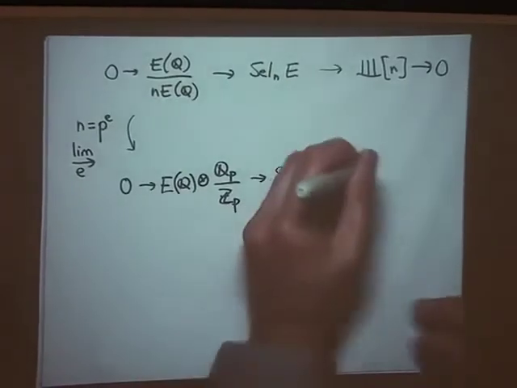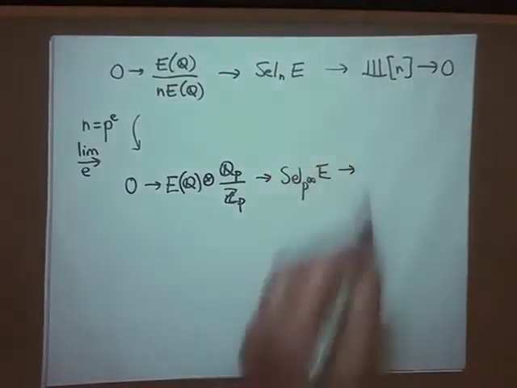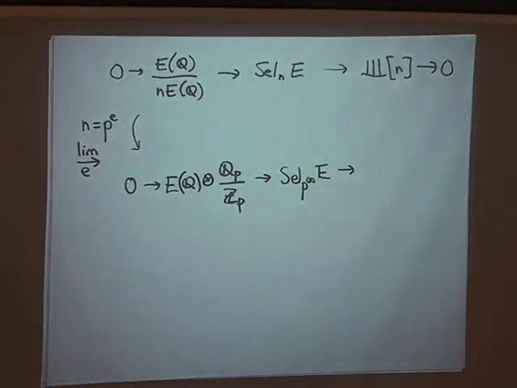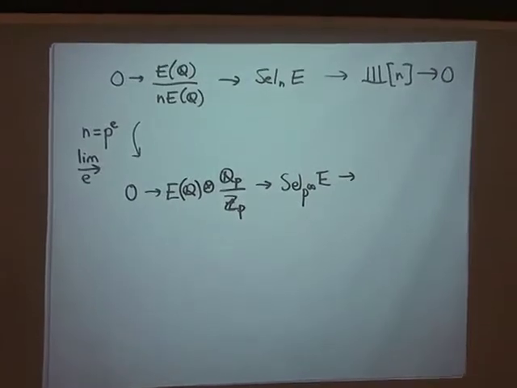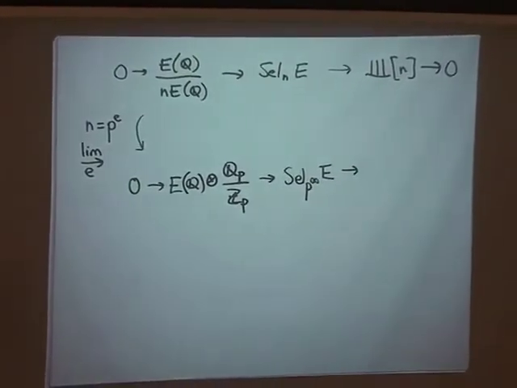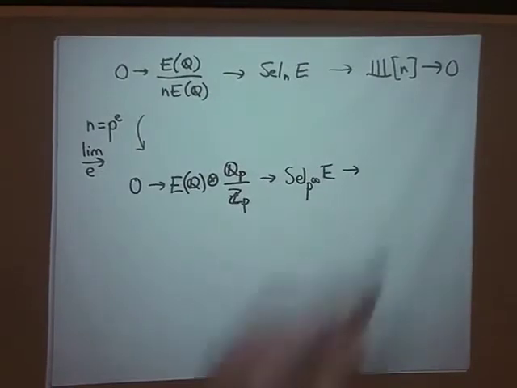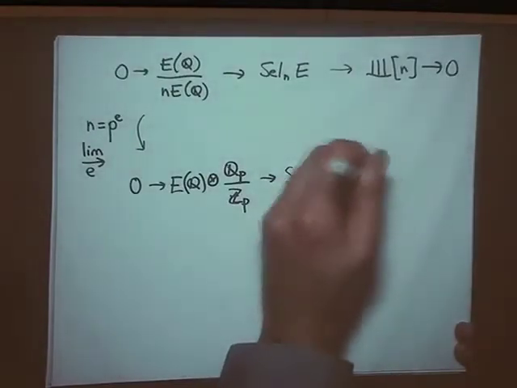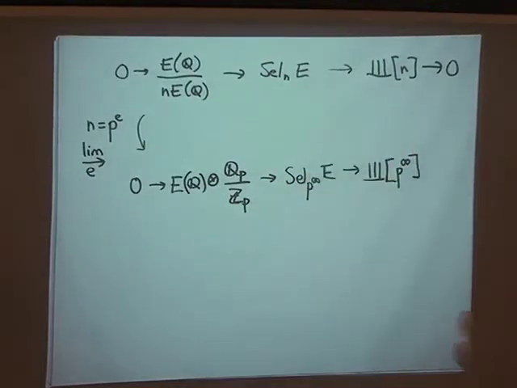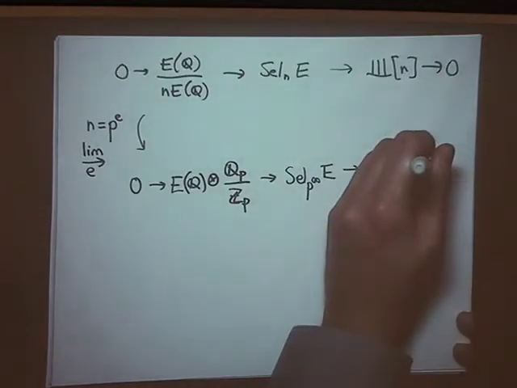And the direct limit of these is just taking the p^e torsion of the Tate-Shafarevich group for larger and larger e, with respect to the inclusion maps. So it takes the union of the p^e torsion for all e, all the elements of p power order. Often people write this as the p to the infinity torsion.